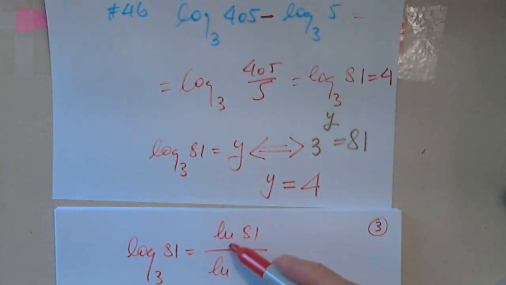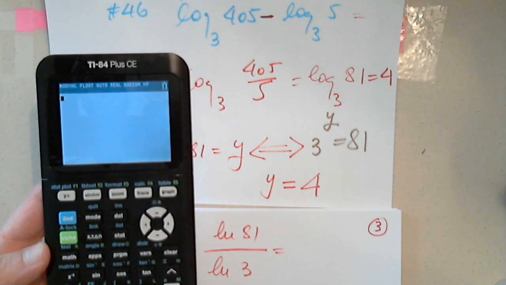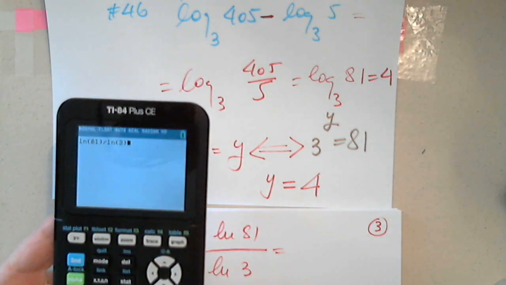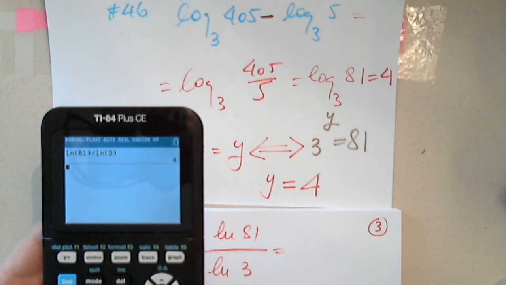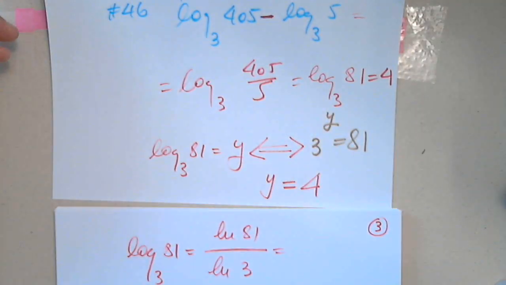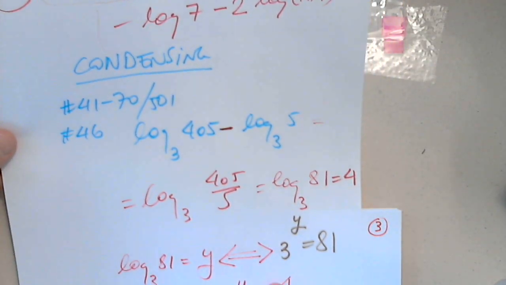It's a ratio of 2 natural logs, not to be confused with natural log applied to a ratio. And we plug it in. So we have natural log 81, and we divide by natural log 3, and we close the parenthesis. And when I press enter, I have to get 4. So it's literally up to you. This is the easiest, and the more you practice this, the better off you are in this chapter.